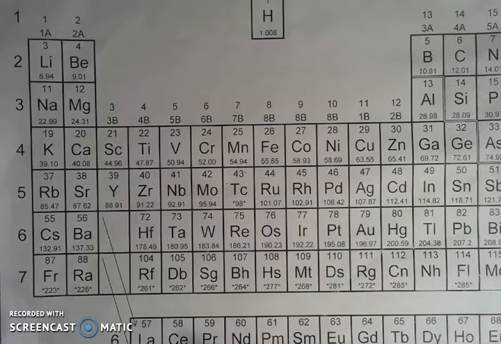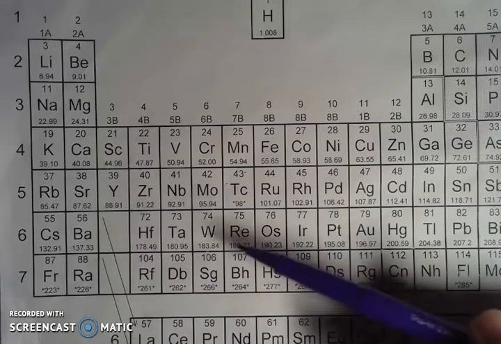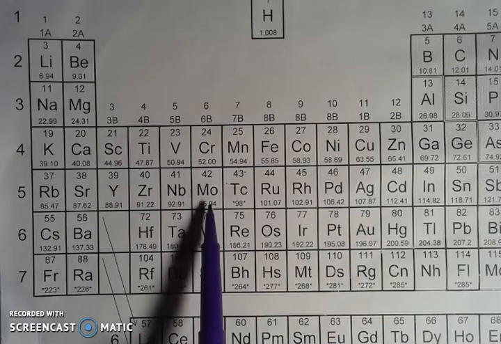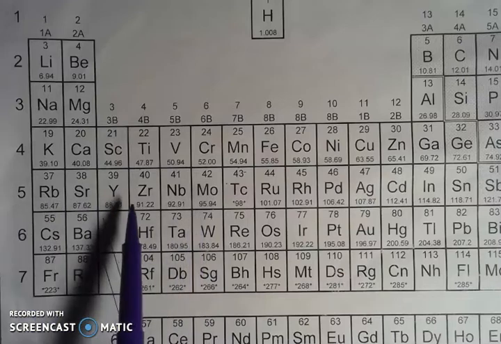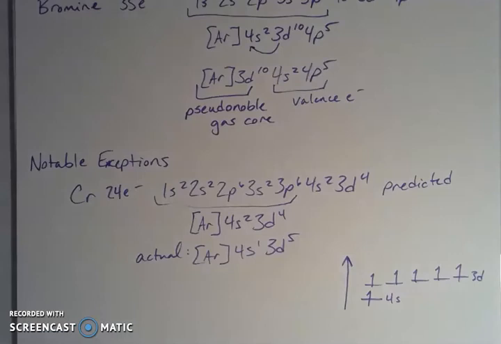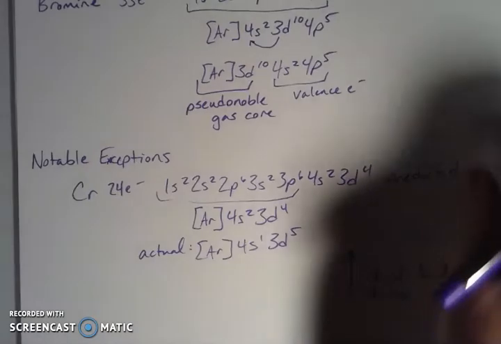So molybdenum, tungsten, seaborgium, these guys are all going to do the same thing. Now, tungsten and seaborgium have the F block, remember, in between. So there's some weirdness there as well. But these guys will all do that same feature. So molybdenum would be 5s1, 4d5 instead. So same number of electrons, different positioning, kind of interesting, notable exceptions.